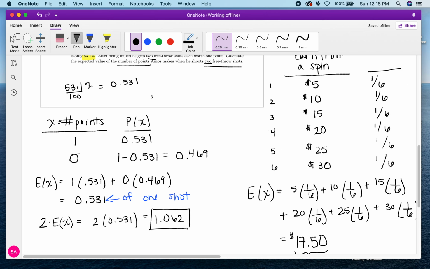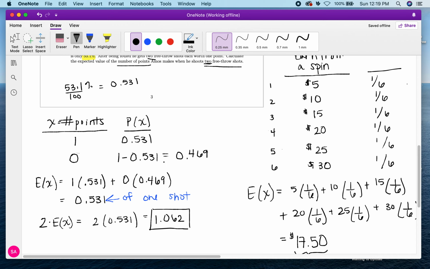So what does this mean? Basically, if he shoots 2 free throws, we really only expect him to get 1 of those shots. We only expect him to get about 1 point, which makes sense, right? He has close to a 50% rate. About 53% of the time, he makes the shot. The rest of the time, he doesn't.